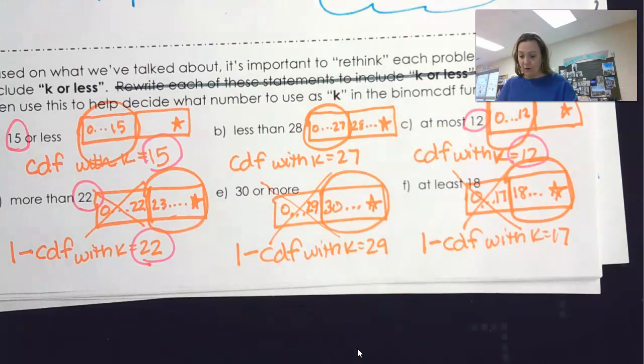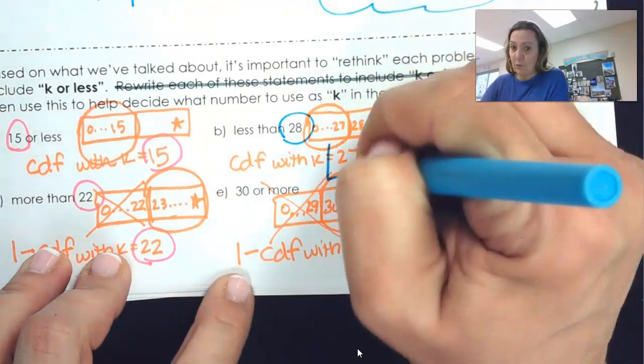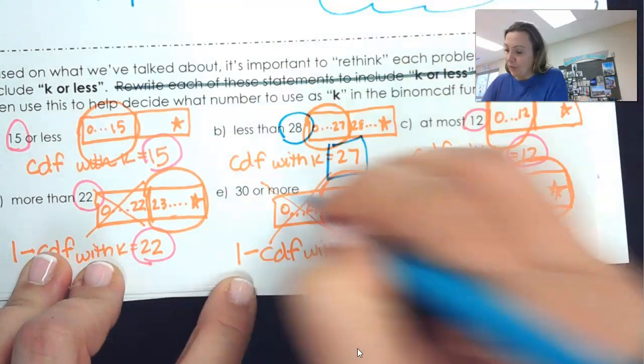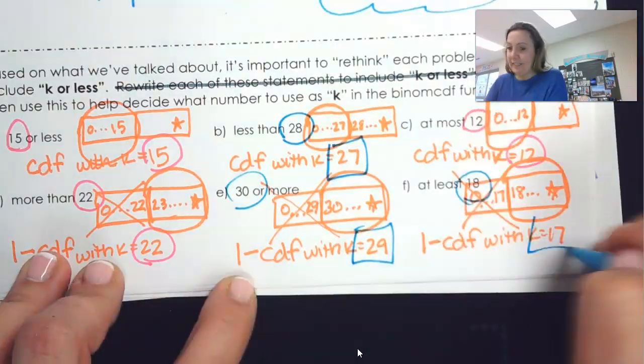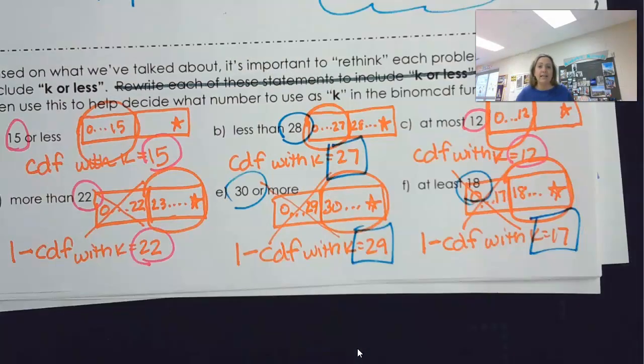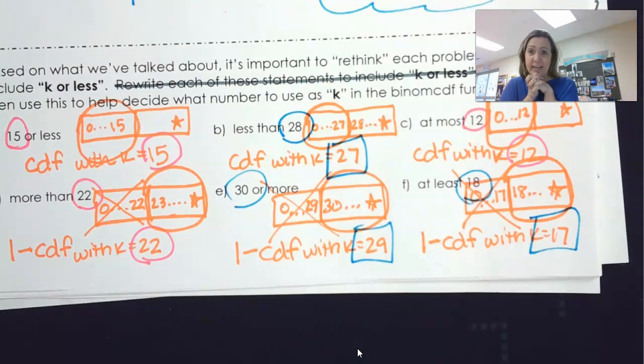So notice that there are specific times, for example, where we have a 28 here and a 27 here, a 30 here and a 29 here, an 18 here and a 17 here. So notice that they're not always the same. We have to do that thinking, you guys, okay? I urge you to kind of draw these little boxes if it helps you to make those decisions, okay? And that is a little bit about the binomial theorem.